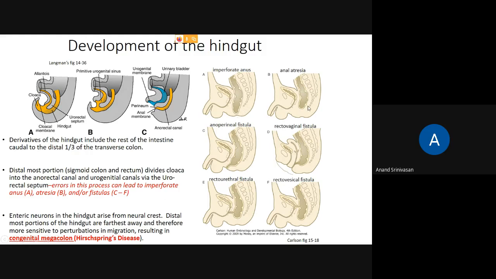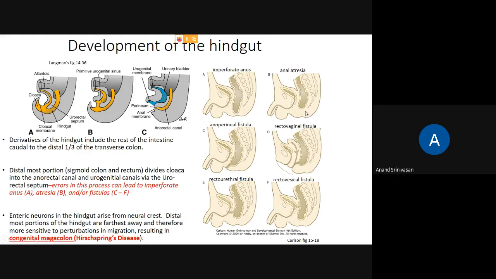Suppose the entire lower part of the hindgut is not formed. You will be able to see the anal puckering, but the anus will not be connected to the rectum. So this is called anal atresia.